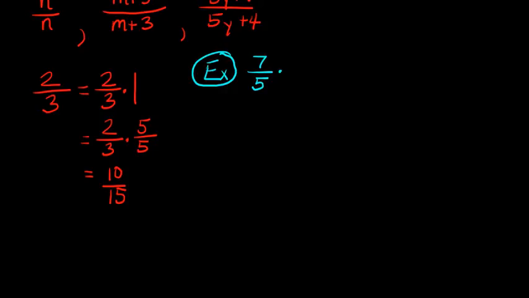So an equivalent expression would be 28 over 20. 28 over 20 is equivalent to 7 over 5 because we multiplied it by 1, written in the form of 4 divided by 4.